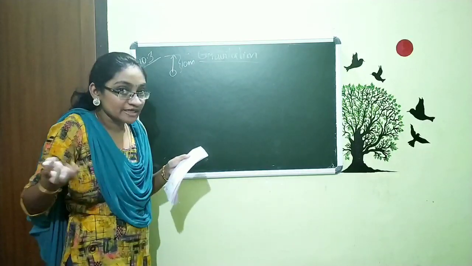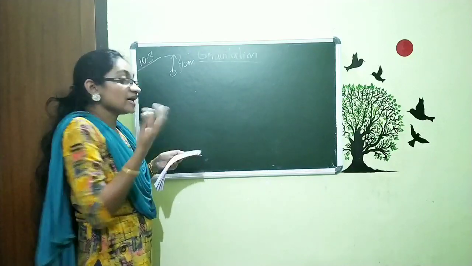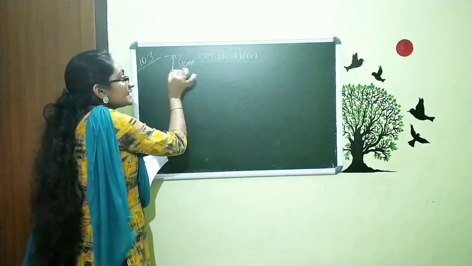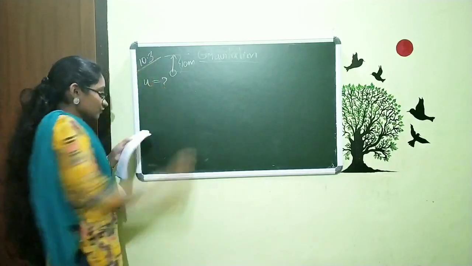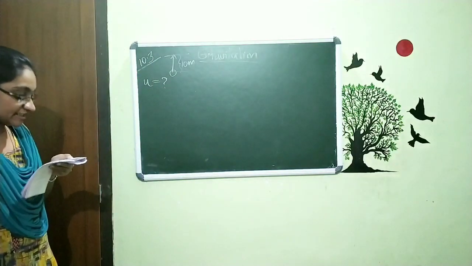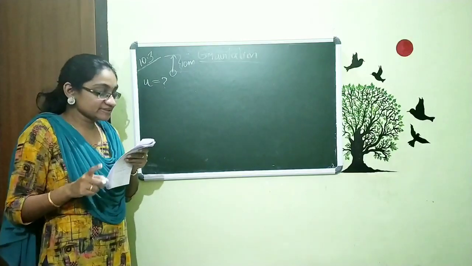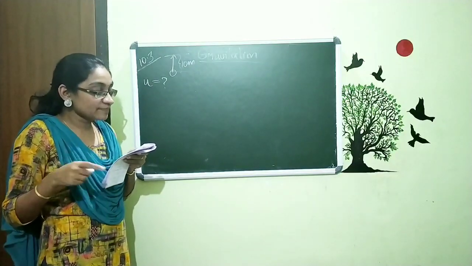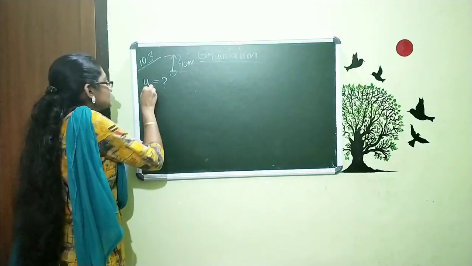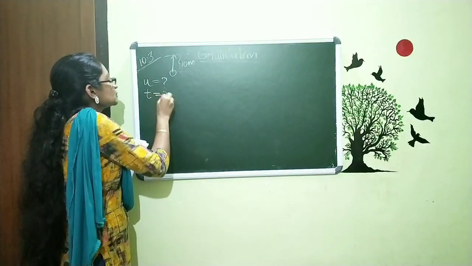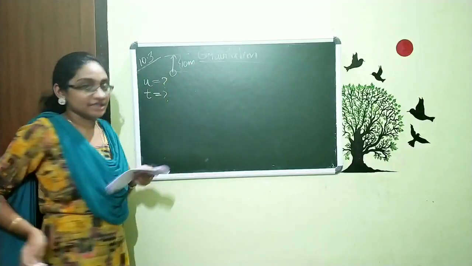That means we want to find the velocity. What velocity? Initial velocity. We want to find the initial velocity. And the second question is this: the time taken by the object to reach the highest point. That means we want to find the t to attain the height 10 meter.